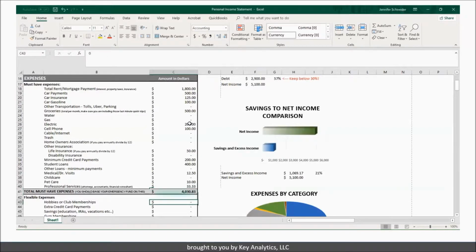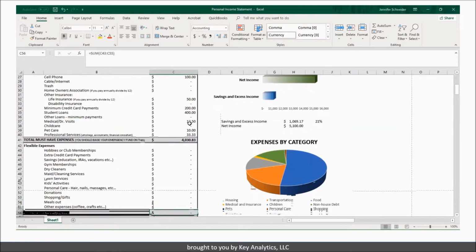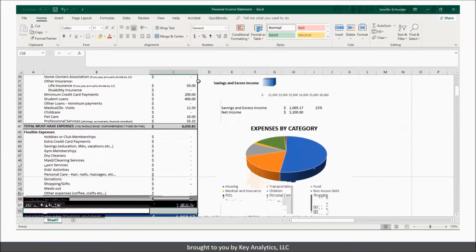The next section is going to be for your flexible expenses, things that you could stop tomorrow, not someone who is going to penalize you a great deal if you miss the payment. So something like an extra credit card payment, anything beyond the minimum, hobbies or club memberships, gym memberships, something like dry cleaning or cleaning services, lawn care, getting your nails done, shopping, eating out.